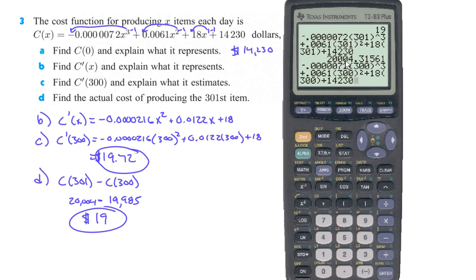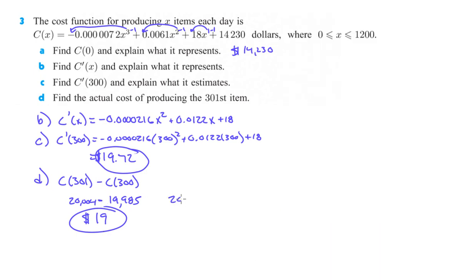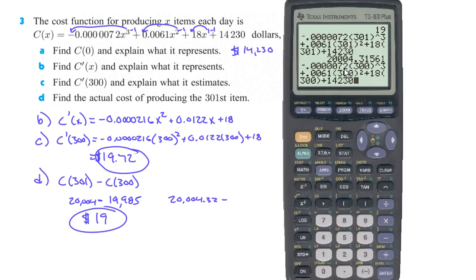But you can tell right here, if we do 301 minus 300, putting all the 301s into the equation, that ended up with $20,004.32. I'll write it over here, $20,004.32.